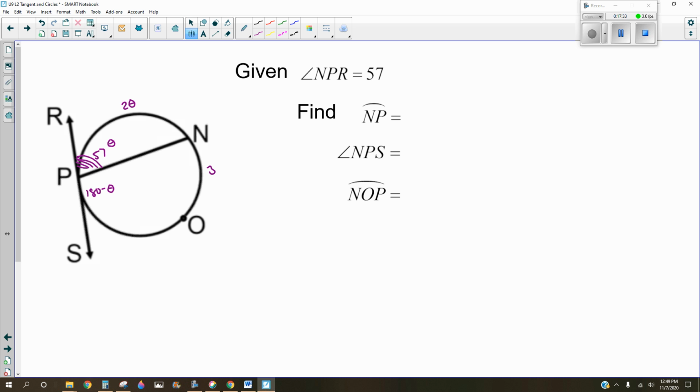And 360 minus 2 theta. There's our map. Okay? So arc NP is 2 times whatever this was. It's 114.